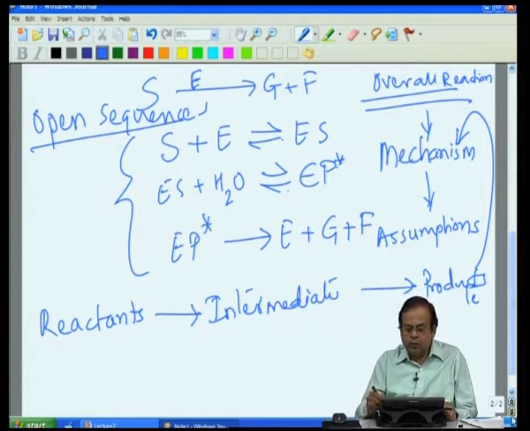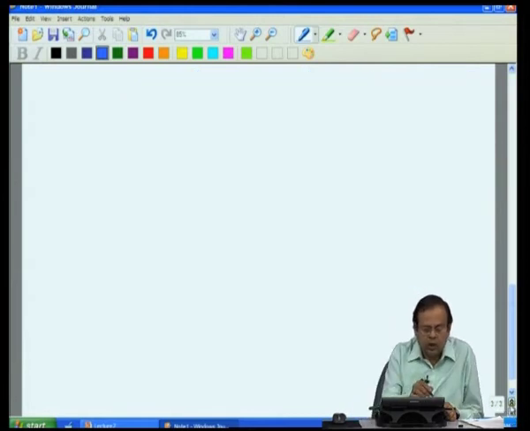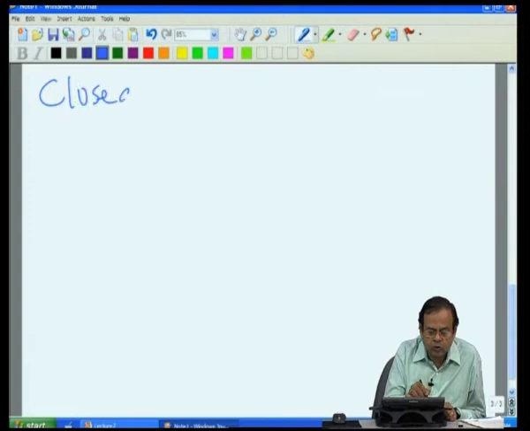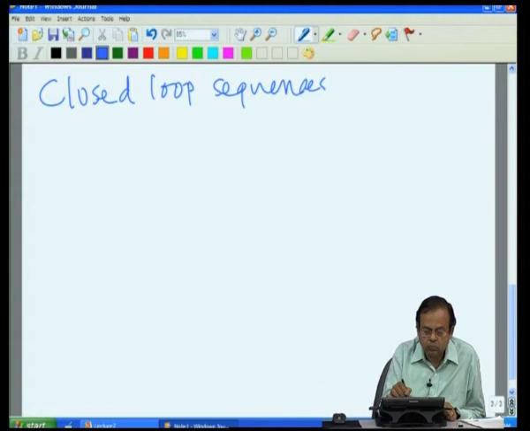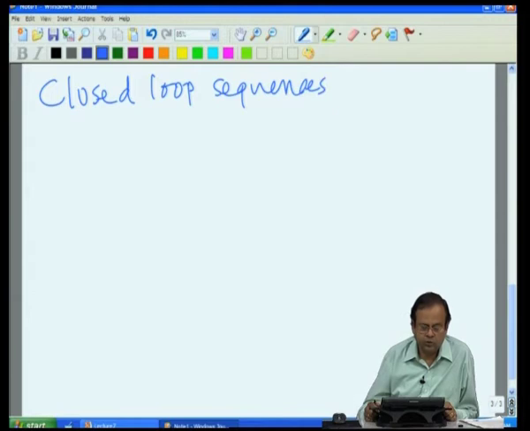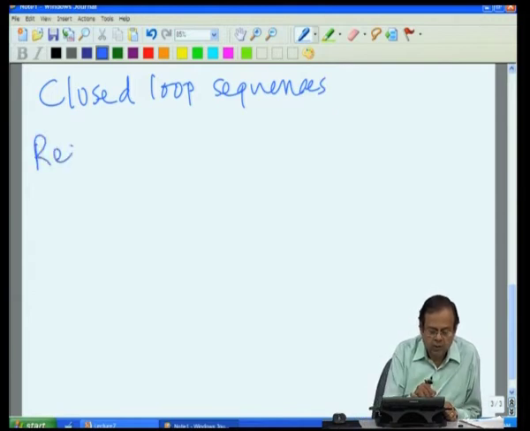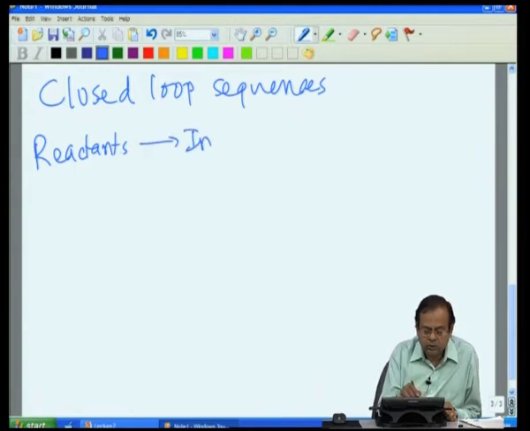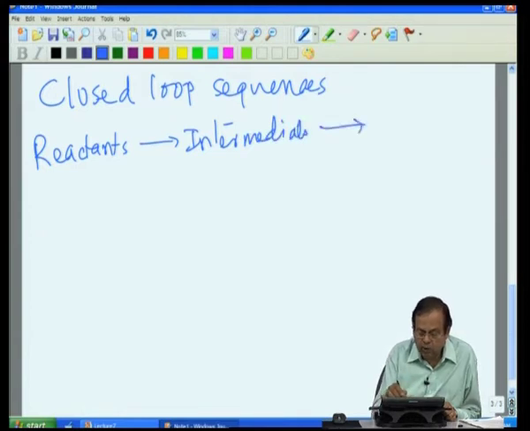The other type of mechanisms are what we call closed loop sequences. Now, in these kinds of mechanisms, we start with reactants, they go to some intermediates, some more intermediates, which go to products.